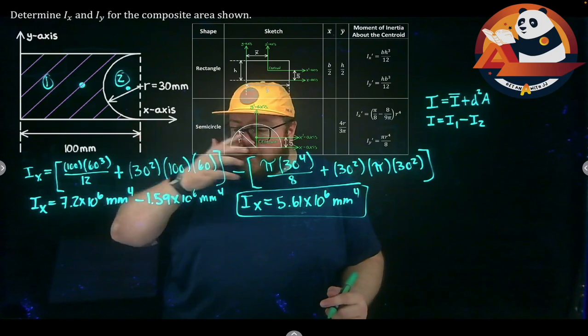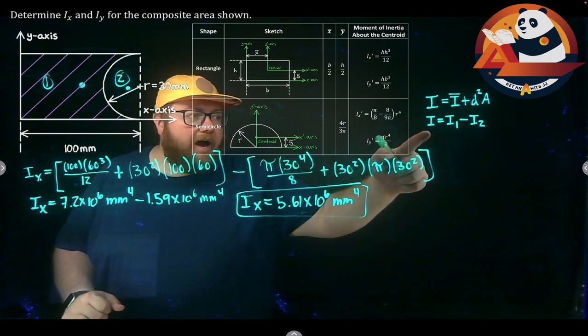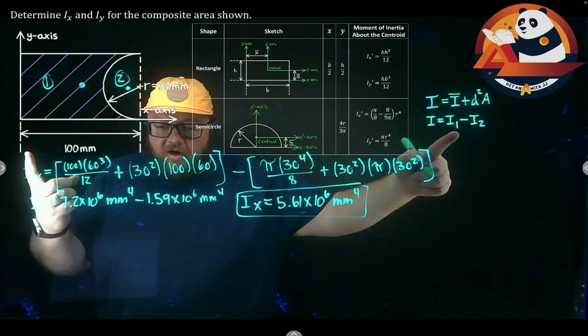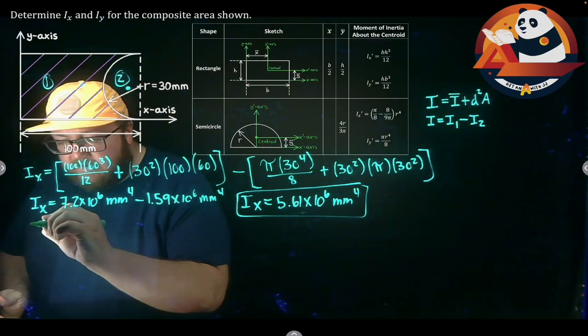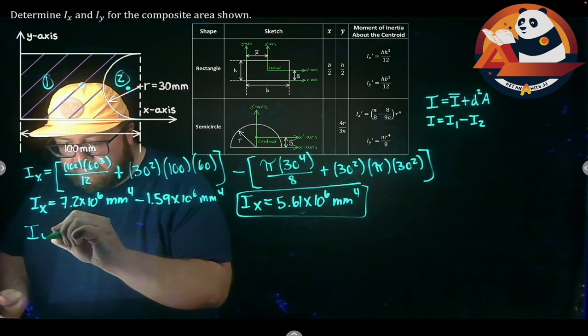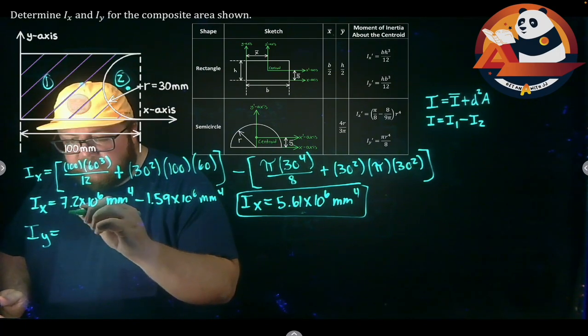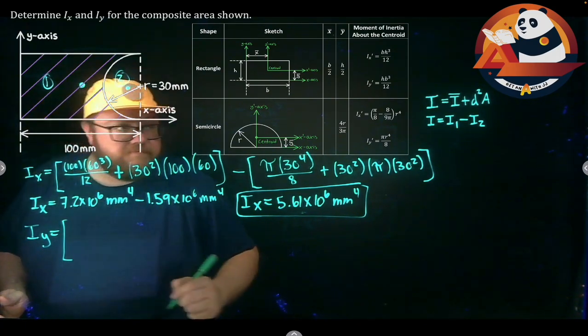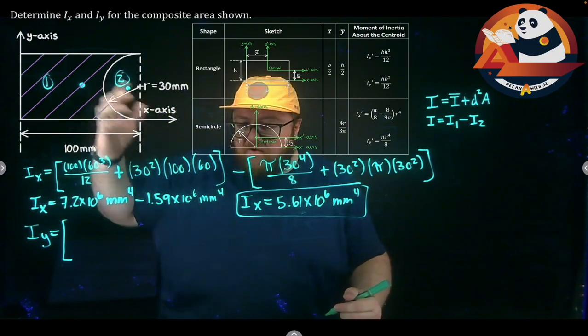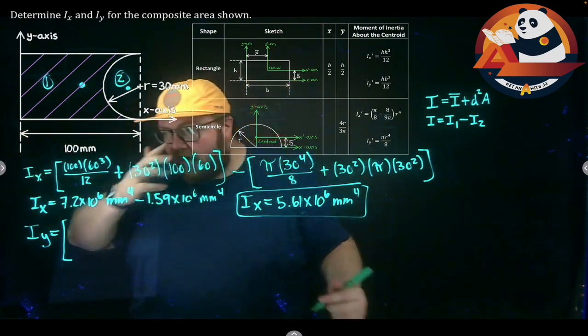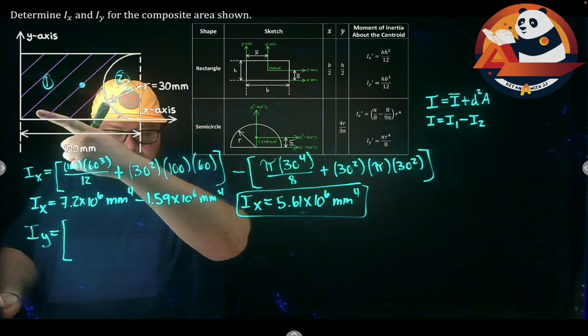We're going to repeat that process for Iy then. So Iy would be Iy for our rectangle, 1, minus Iy for the semicircle, 2. So let's get those knocked out. Iy should be, well, for our rectangle, height times base cubed over 12.